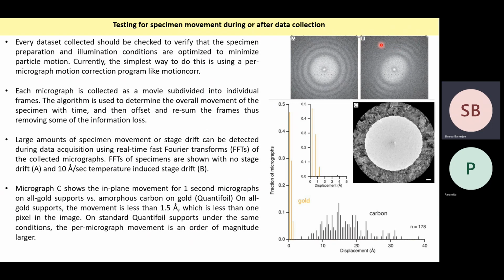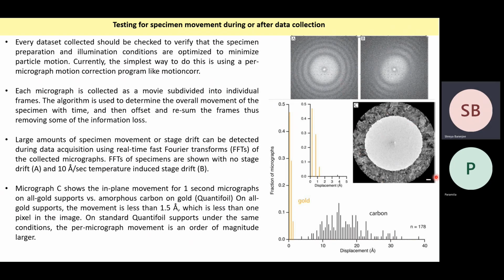If there is a blurring of the image due to the specimen moving, then many different pictures need to be taken with time. And then when it is put through the program called MotionCor, the program will correct for this movement so that you can get a clear image like this.